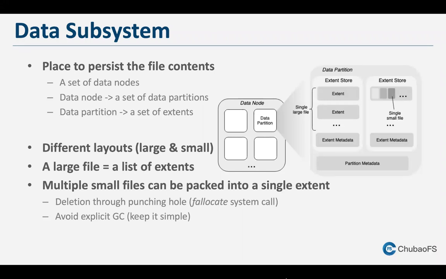But if the upper application just writes a lot of data and we append it to large files, we update the metanode upon receiving an fsync system call, or periodically every 2 seconds. So we strictly adhere to POSIX semantics.